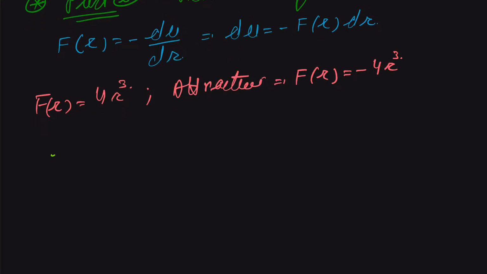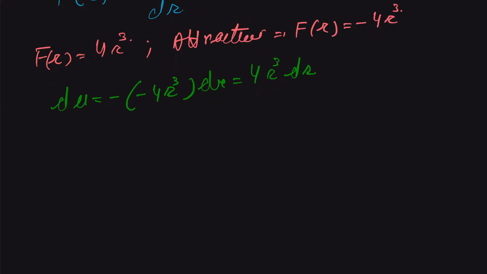We get our derivative of U is equal to minus of minus 4r cube times dr, and this gives us 4r cube times dr. And we simply integrate it.